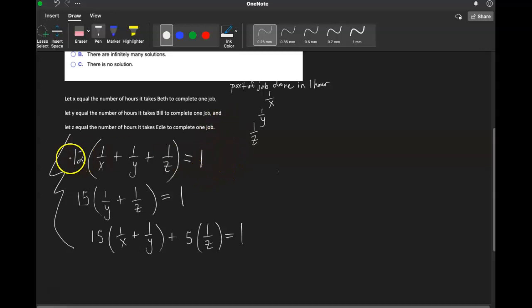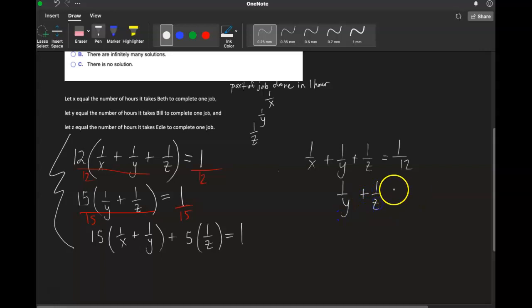So I'm looking at this first one and I'm thinking, if we divide both sides here by 12, and for the second equation by 15, we could rewrite those 2 equations as this equals 1 over 12, right? And this equals 1 over 15.